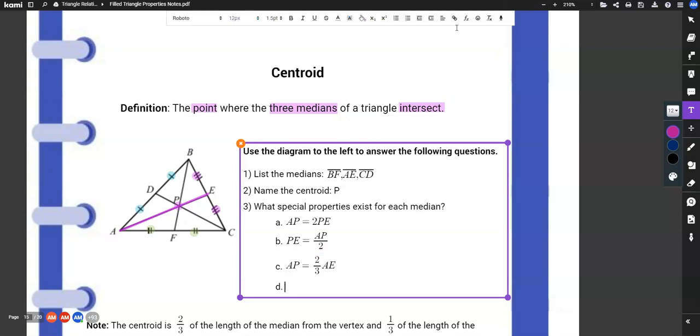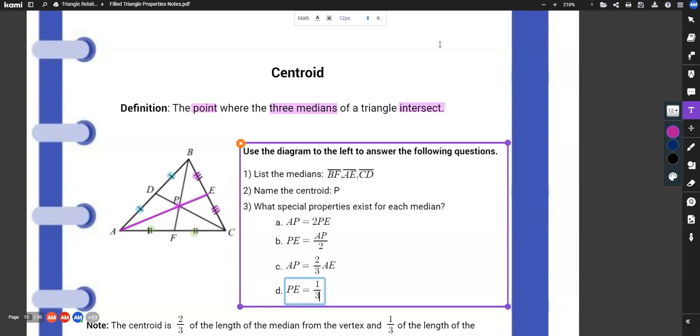Finally, the converse applies as well. So AP, PE is going to be 1/3 the length of AE. Okay, so PE right here is 1/3 of the total length. So you can imagine that a median has been cut into 3 pieces, the length of PE. 2 of them are in PA, and the third one is in PE.